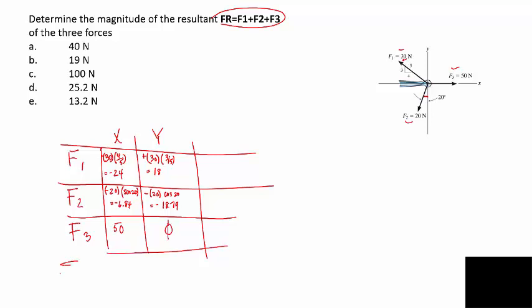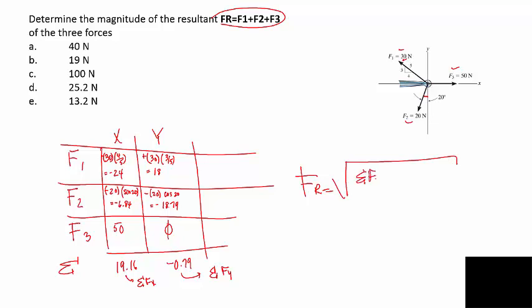So here is the summation, and so here I get 19.16 and negative 0.79. Okay, so this here is the summation of the forces in X, and here is the summation of the forces in Y. So the resultant force is going to be equal to the square root of the sum of the forces in X squared plus the sum of the forces in Y squared.